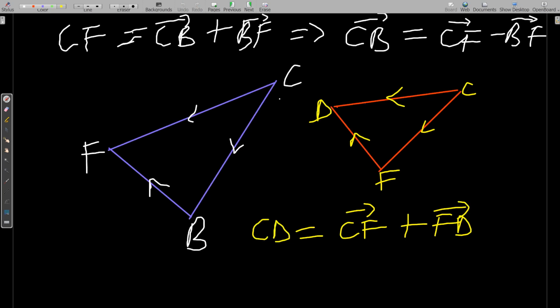Okay, so now let's move to the next one. We've gotten an expression for CD, which is in the resultant formula in terms of CF and FD, and we've gotten an equation for CB, which is also in terms of CF and BF. So now let's go ahead and write something.